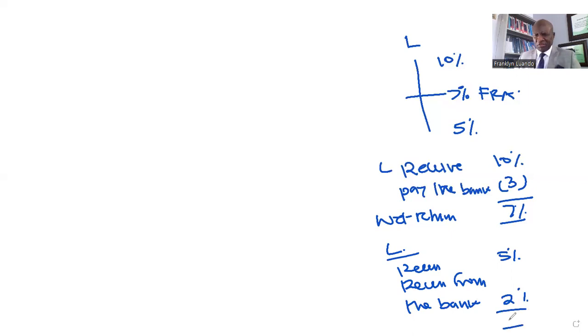Effectively, they will receive 7%. So no matter the situation, what you have agreed is what you receive. So for the lender and the borrower, it is a win-win situation, although effectively they may not take advantage of the favorable interest rates. Now, let me explain something very important.